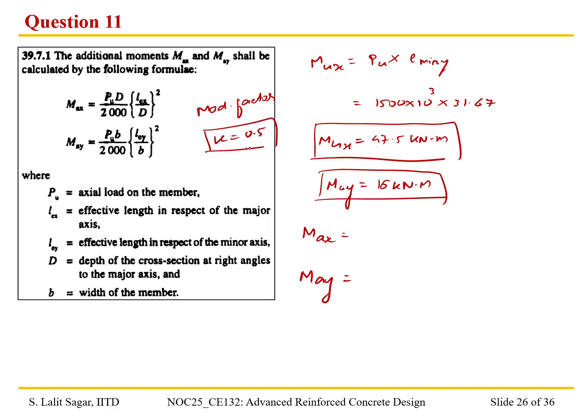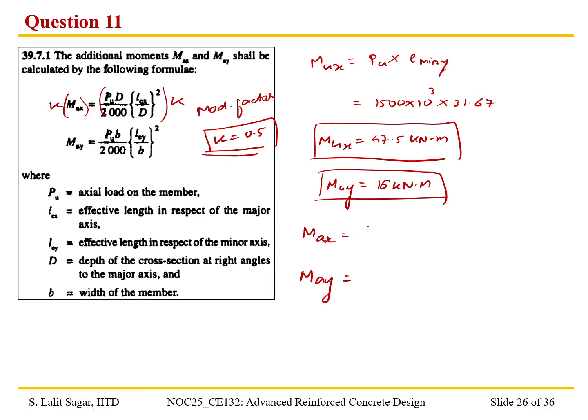We are going to find out the accurate value later on. Whatever this additional moment is, we need to multiply that by the value of K. So we have Mx equal to K, and I'll start substituting those values straight away.